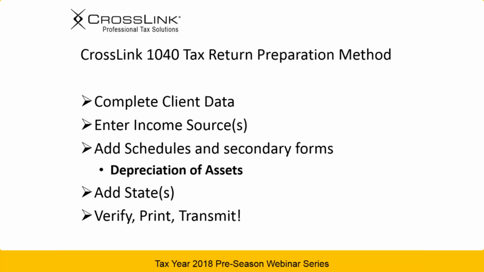We started with the client data and the income already entered, but in order to get depreciation of assets, you want to add the schedules first, and then you can move into that depreciation. After that, add your states, any secondary forms that you need, and you're ready to verify, print, and submit that return to the IRS.